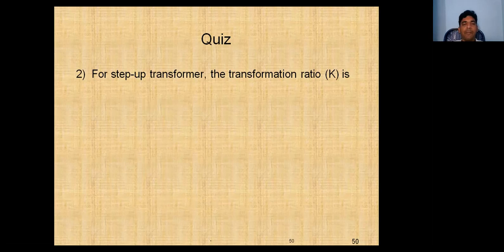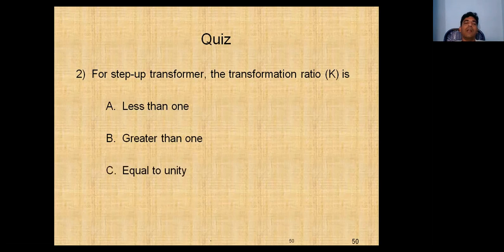For a step-up transformer, the transformation ratio K is: option A, less than 1; option B, greater than 1; option C, equal to unity; option D, none of the above.